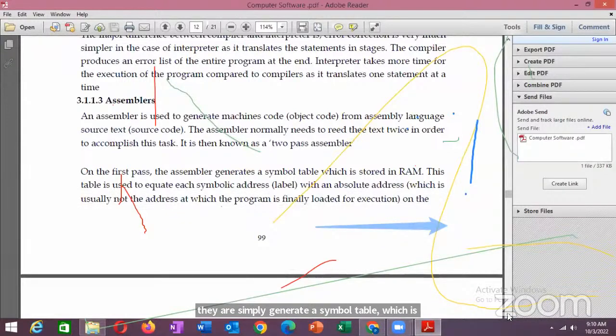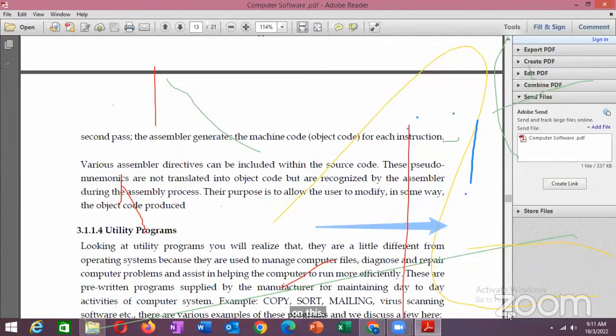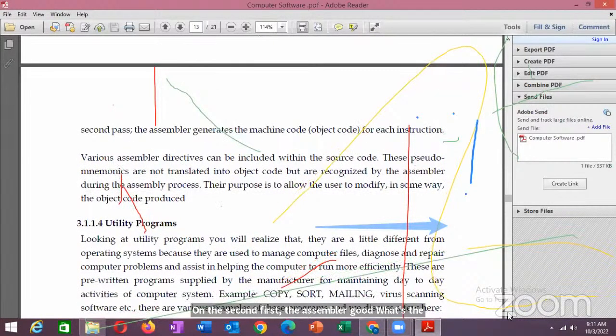This table is used to equate each symbolic address or label with an absolute address, which is usually not the address at which the program is finally loaded for execution. On the second phase, the assembler generates the machine code for each instruction.